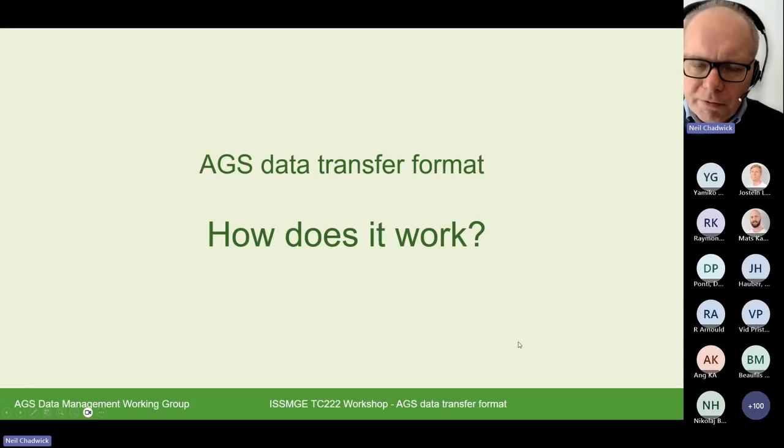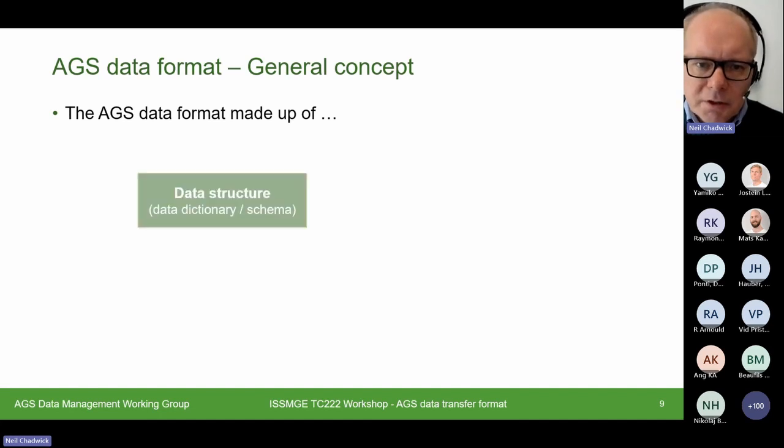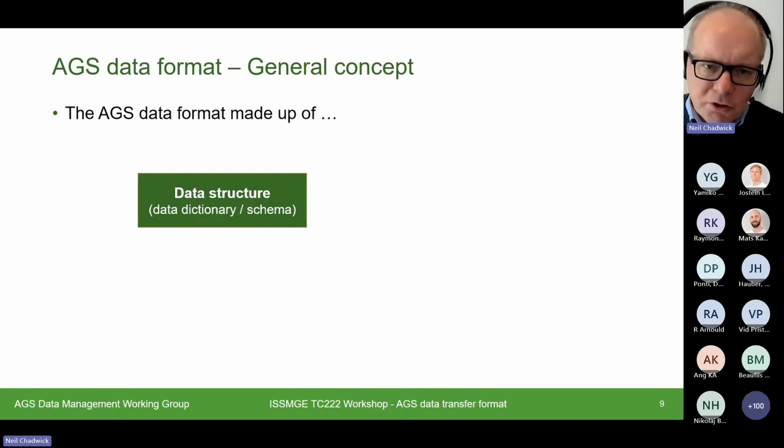So that's just a brief introduction to what AGS is about and where it came from. Now let's have a little bit of a look at how it actually works in practice. And essentially, the AGS data format is made up of two components. And the first of those is a data structure, which we define in what we call the data dictionary.